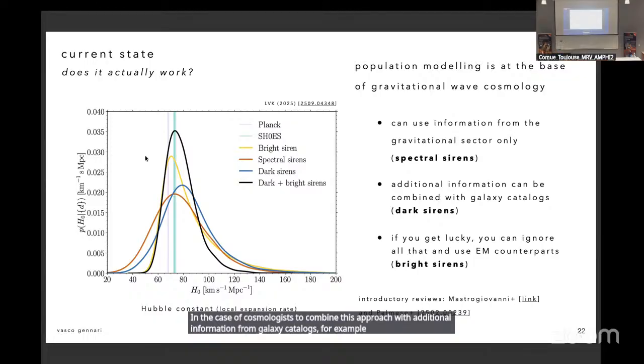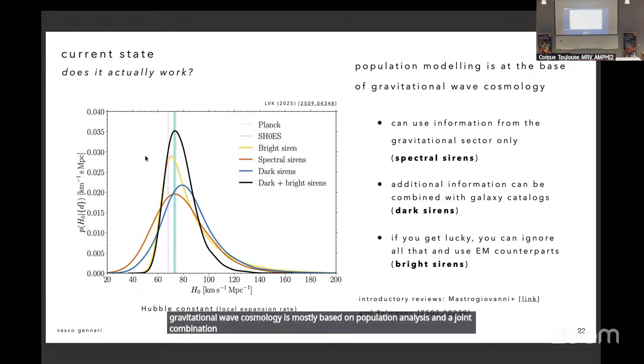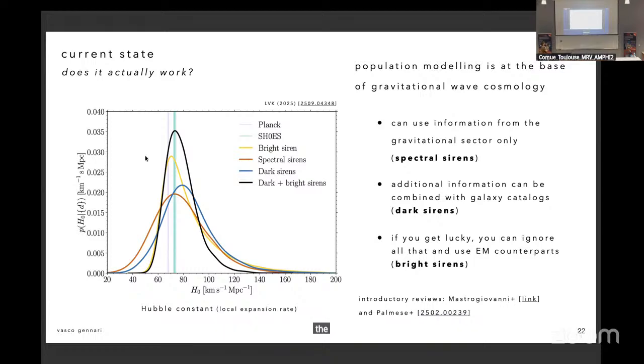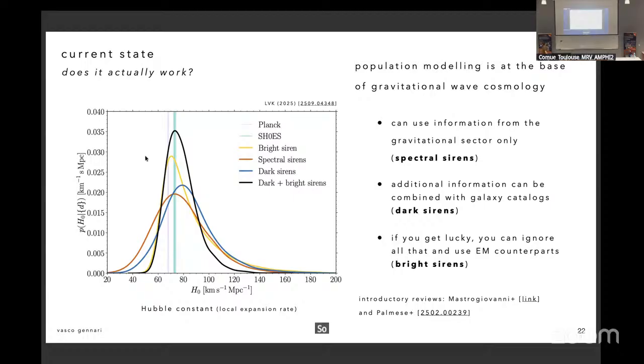The key point, the underlying message, is that today gravitational wave cosmology is mostly based on population analysis and a joint combination of the population of binary black holes together with possibly additional electromagnetic information. So a third example is fundamental physics.